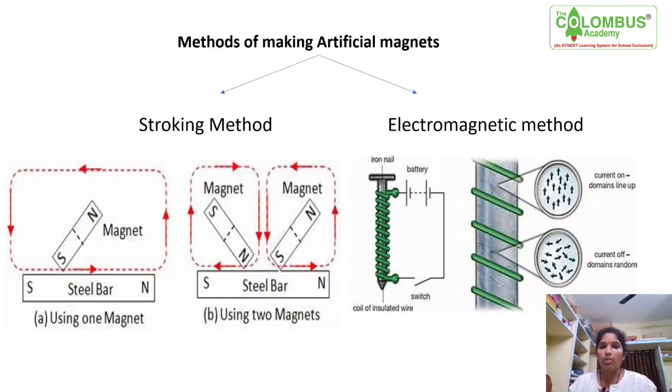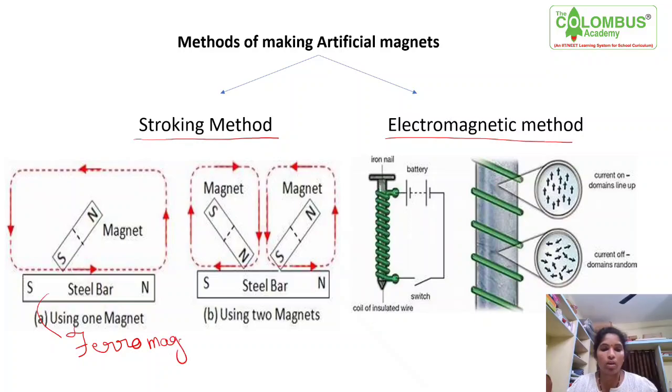Now, the methods of making artificial magnets are of two types, majorly the stroking method and the electromagnetic method. What is a stroking method? Stroking method means if I take any steel bar, this steel bar should be a ferromagnetic material.